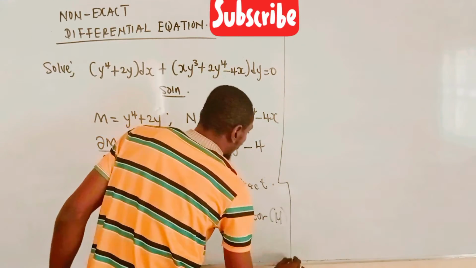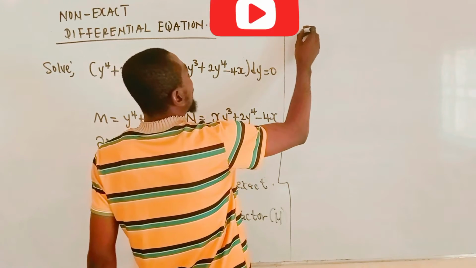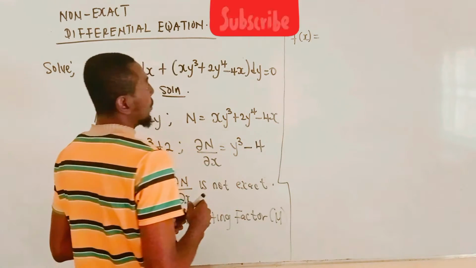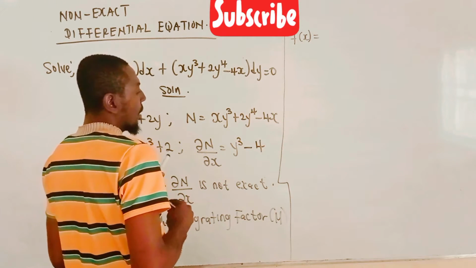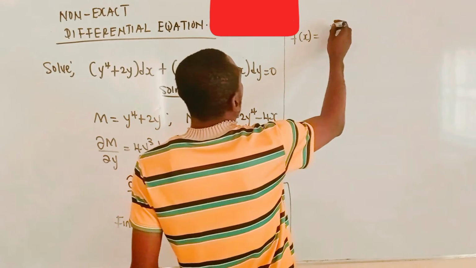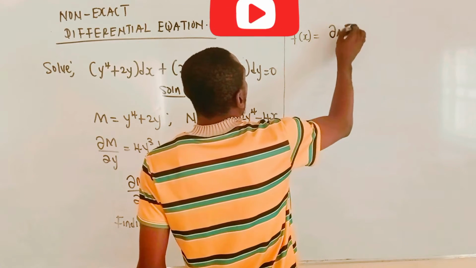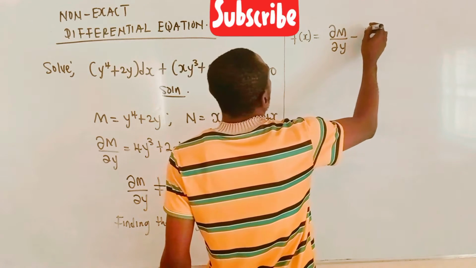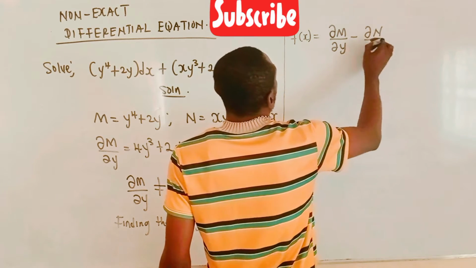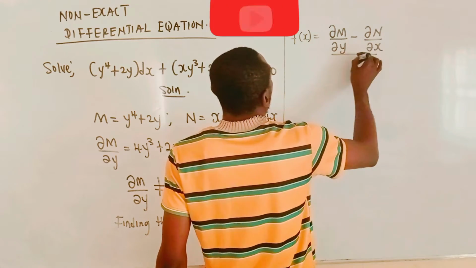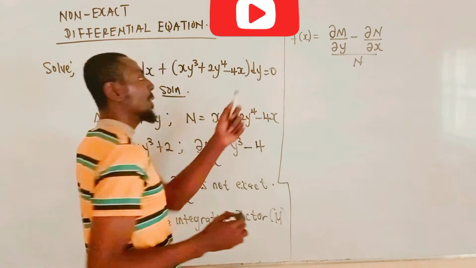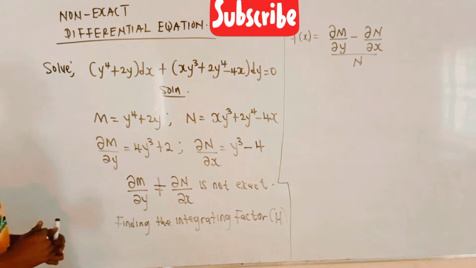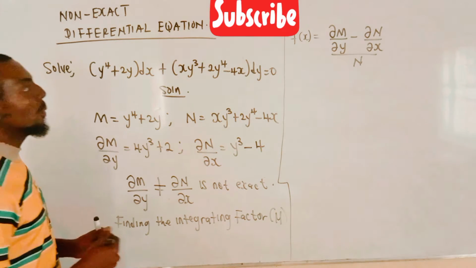Then we have to check if f of x has to be equal to the partial derivative of M with respect to y minus the partial derivative of N with respect to x, all over N. Then let's check if this particular expression results in a function of x alone.